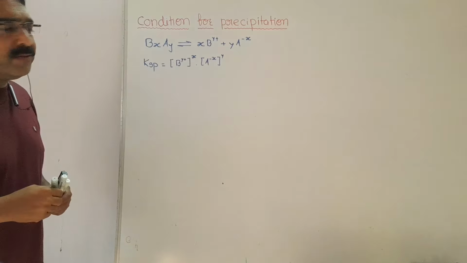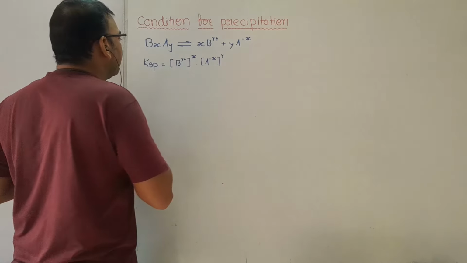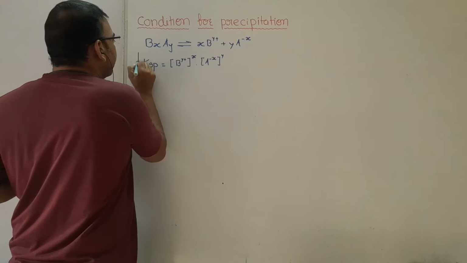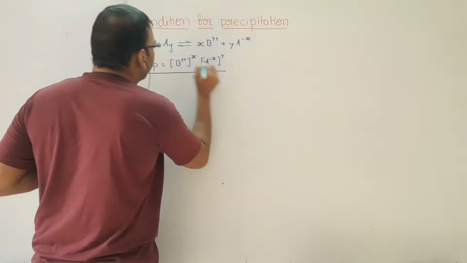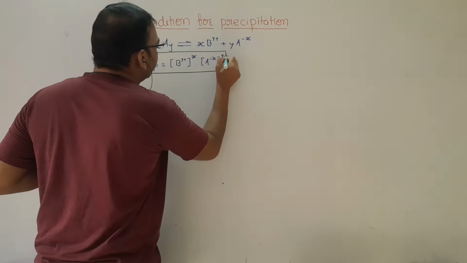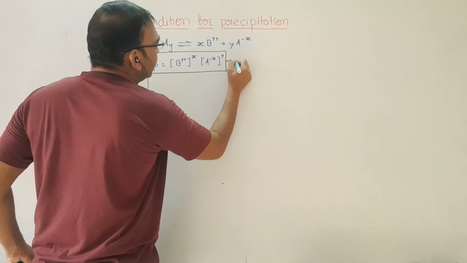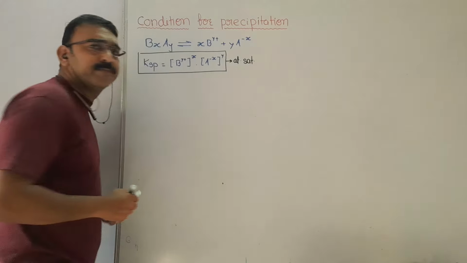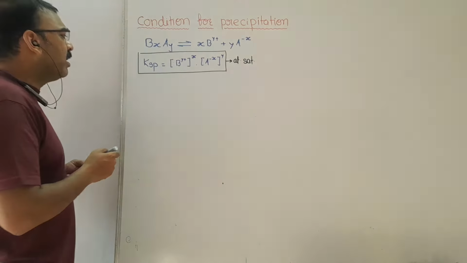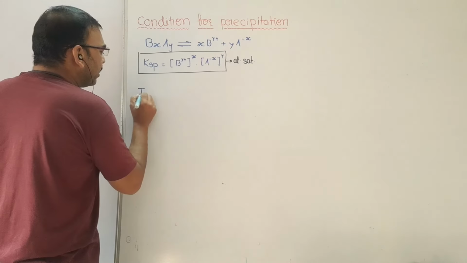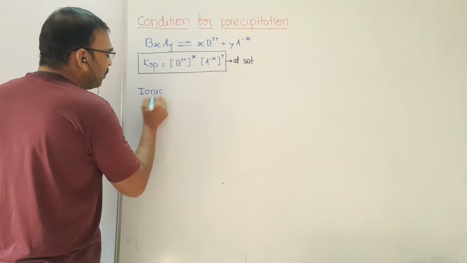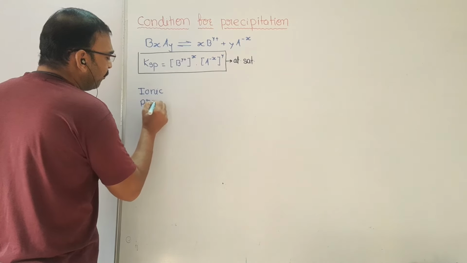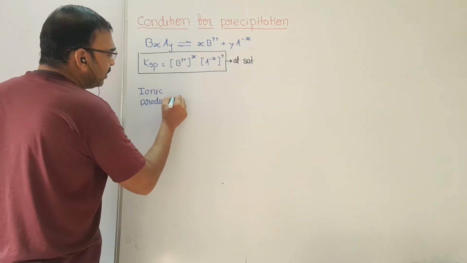The condition is that the solubility product is applicable only in saturated state. ये जो solubility product है ये सिर्फ saturated state पे ही आता है, at saturated state. On the contrary, अगर इसी के लिए हम ionic product निकालते हैं तो ionic product का भी formula nearly same ही दिखेगा.